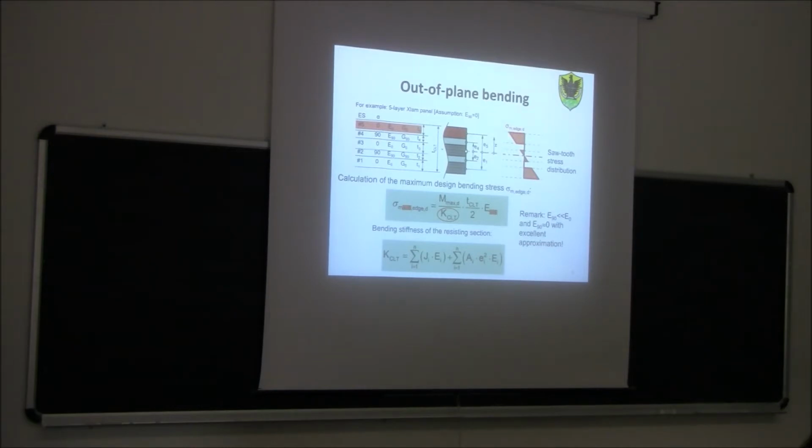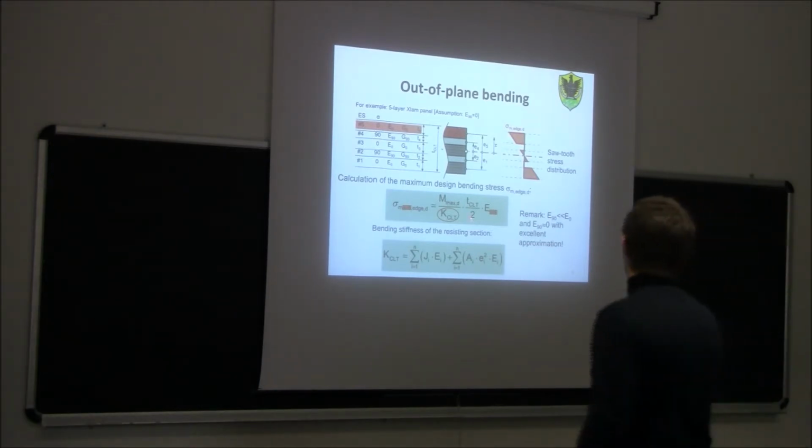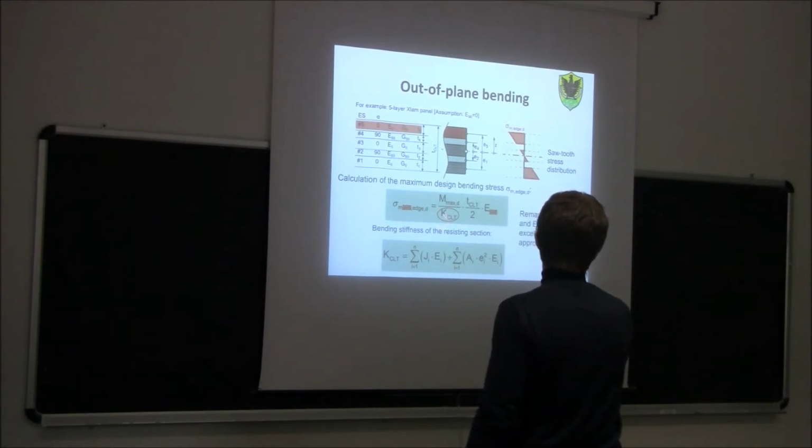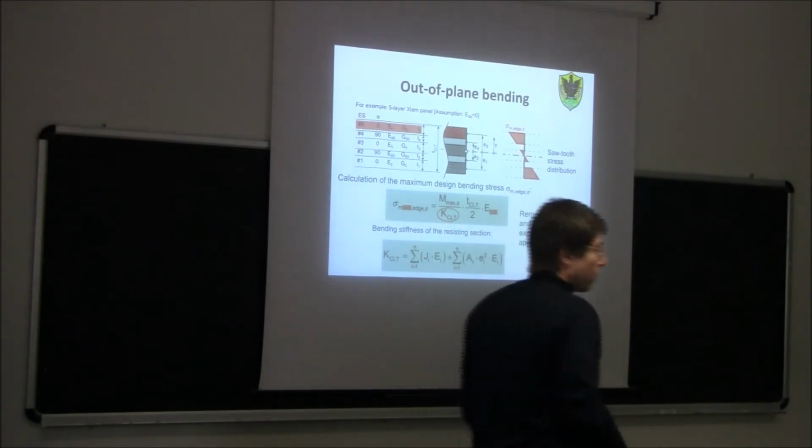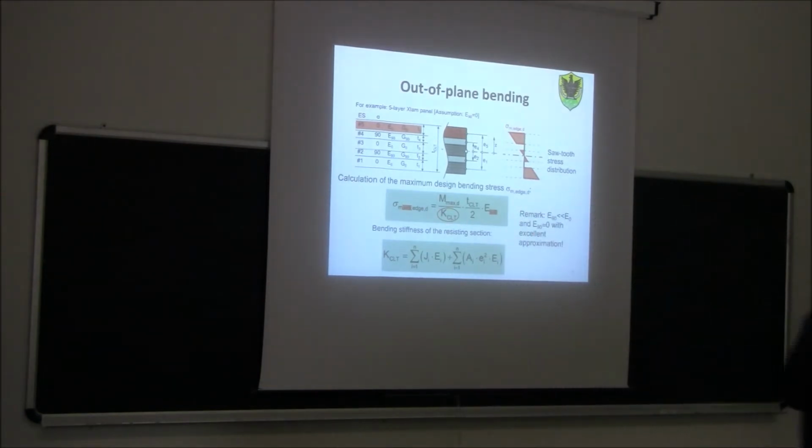are oriented perpendicular to the grain, and just use the normal Navier formula, where here you can replace KCLT with the second moment of inertia. And of course, if you put here the moment of inertia, then here you ignore the E. Okay, so you just use the normal Navier formulation to calculate the sigma.